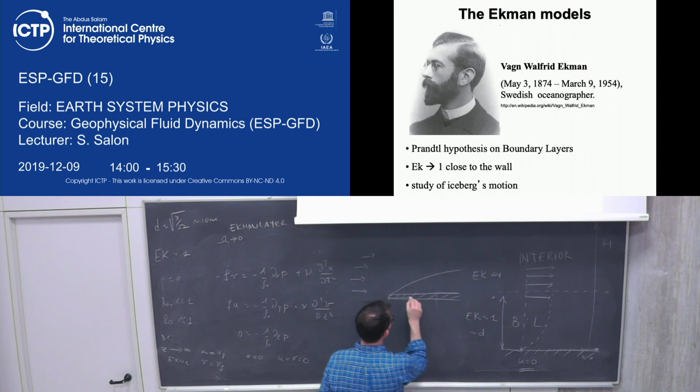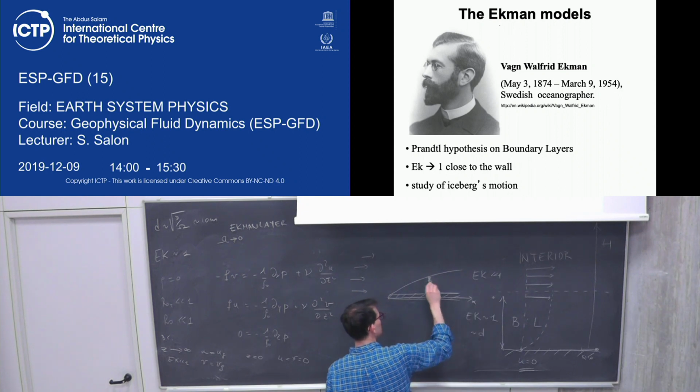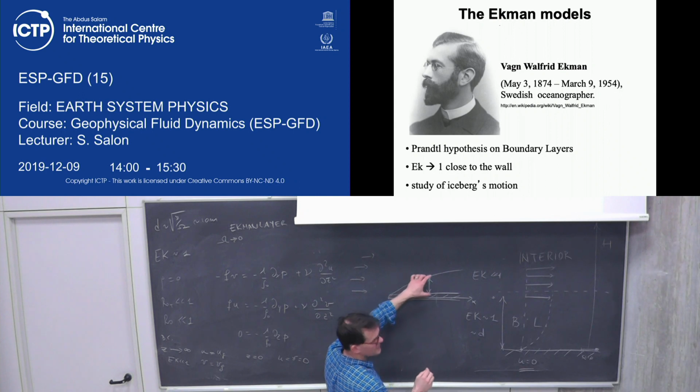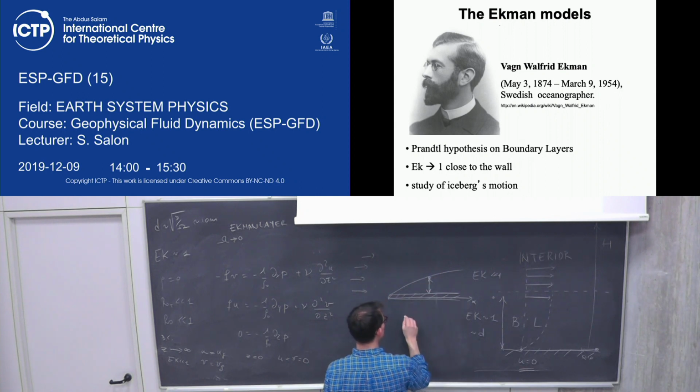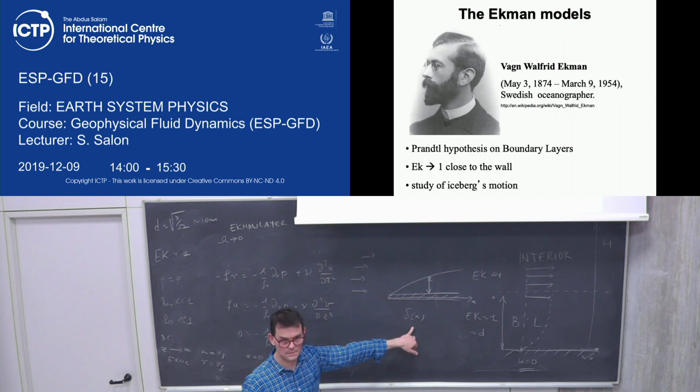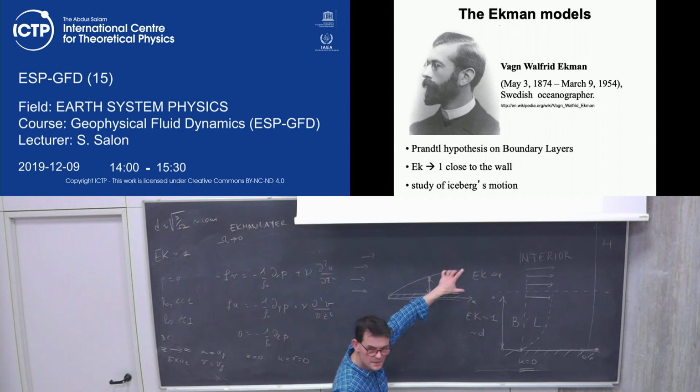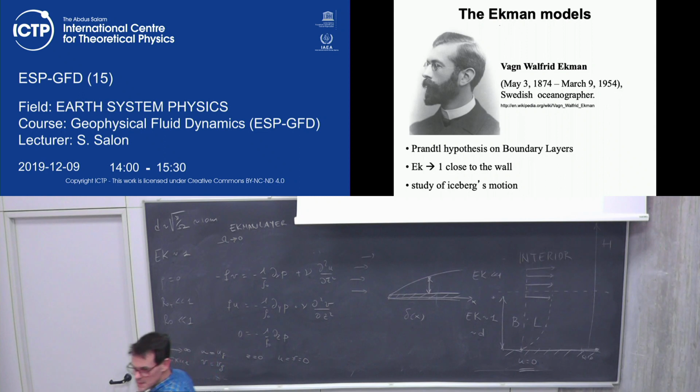If this is the x direction, this is the depth of the boundary layer, and this depth is a function of x, because it increases along the x direction. In our case here, the boundary layer always exists. So for a rotating flow, we will always have a boundary layer, which is called the Ekman layer.